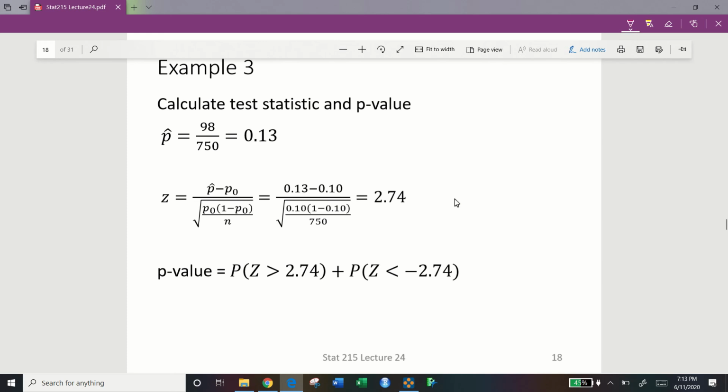Our p-value in this case is going to be the area under the curve for our two tails, less than negative 2.74 and greater than positive 2.74. We will add up our two areas to get our total p-value.